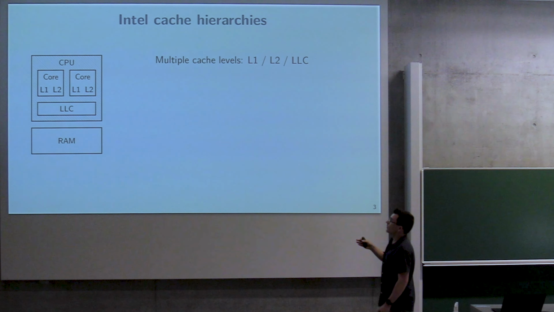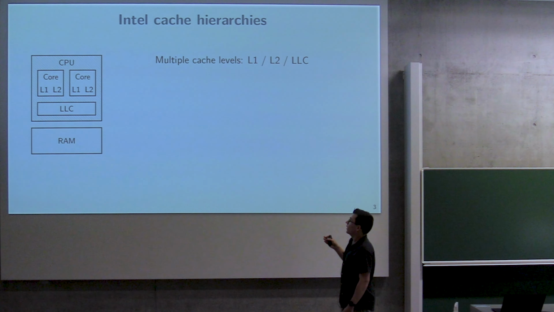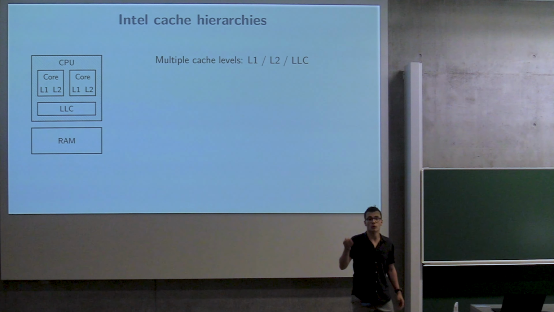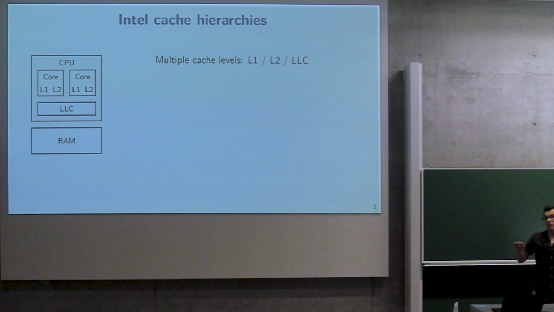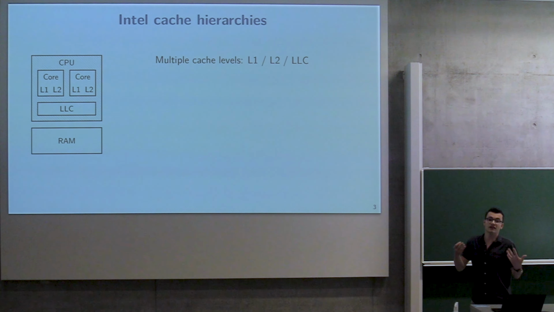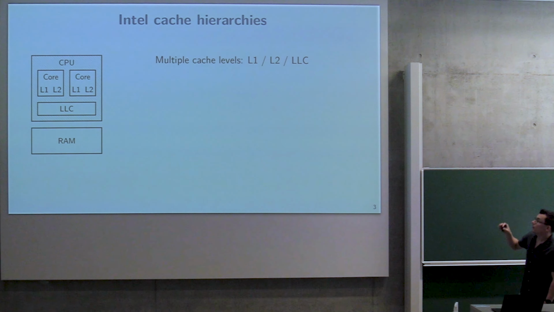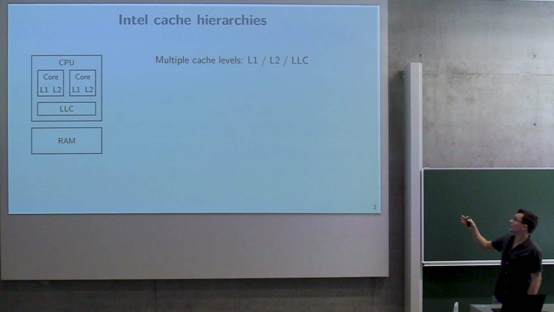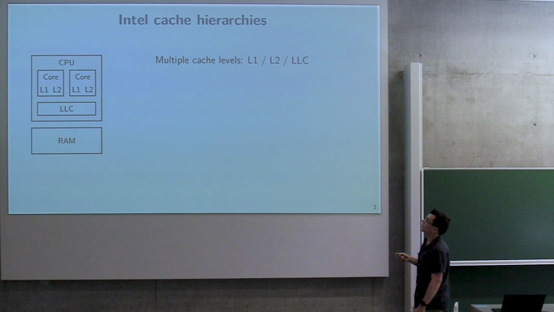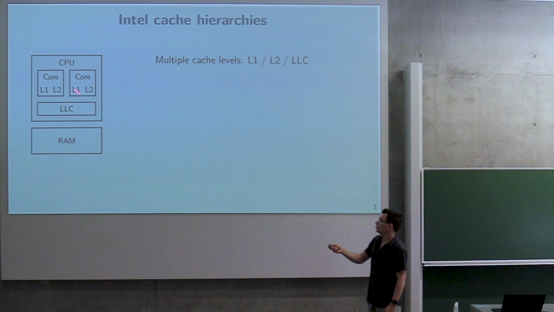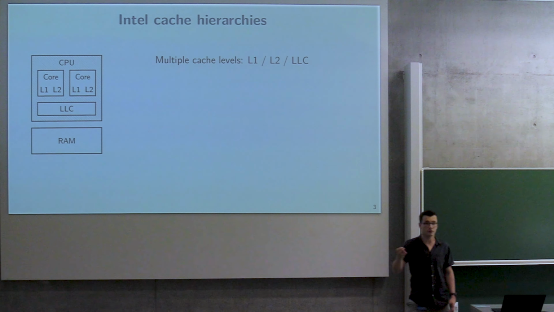And like many other processors, they have a memory hierarchy consisting of multiple levels of caches. And caches are hardware buffers that store data that the CPU thinks is going to be reused. The memory hierarchy typically has, in Intel processors, at least 3 levels. So there's the L1 and L2 that are close to the core and that are private to the core.